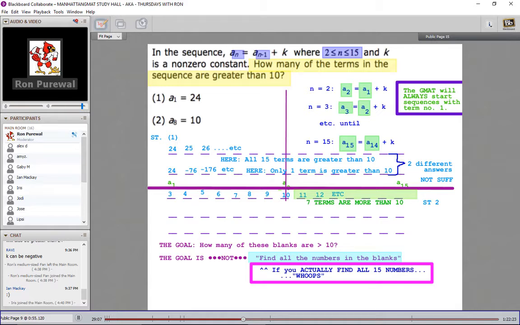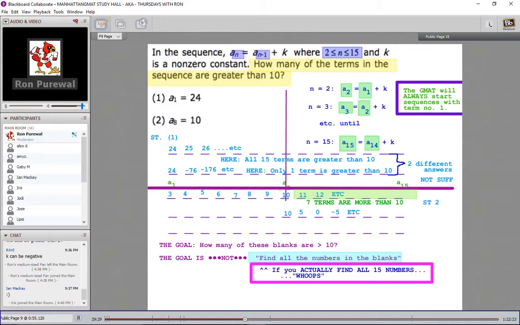Let's try a negative increment. Let's say we should subtract 5 from every number. 5, 0, minus 5, etc.